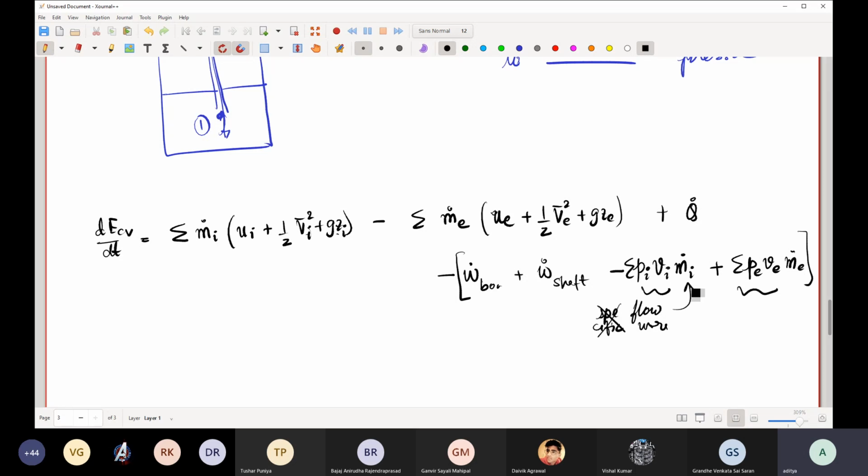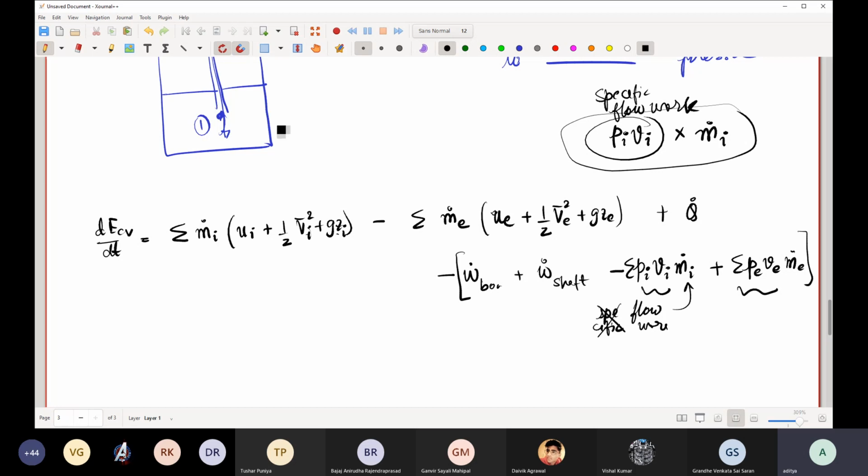Pi Vi is the specific flow work, and when you multiply it by the mass flow rate, it becomes the total work done. That is why this expression is how it is, and we have done this small derivation to arrive at these things.